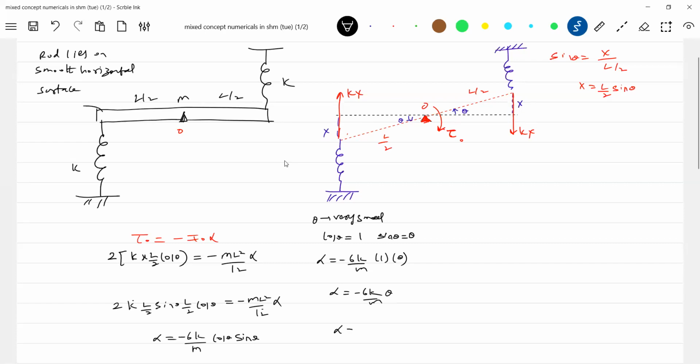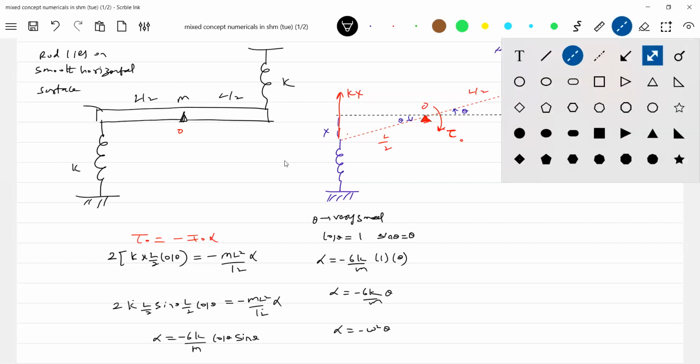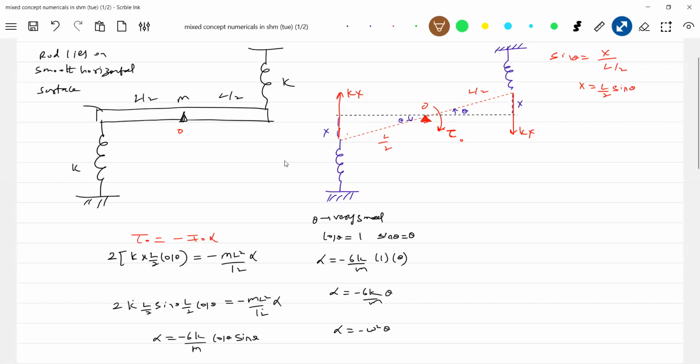This is angular SHM. What we had earlier was linear SHM, spring block; here it is angular SHM. So the rod is going to oscillate. Actually, both the ends will be oscillating.